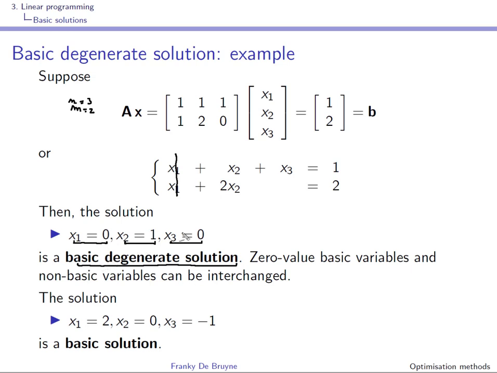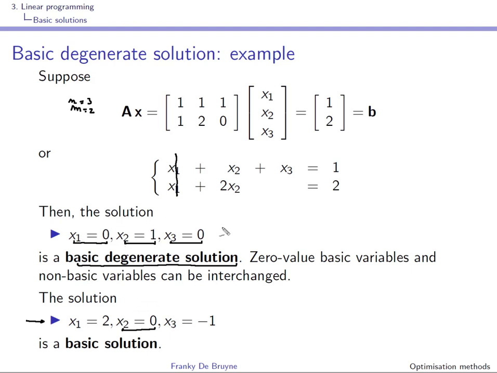And it's difficult to know here which are the variables in the base. Is it x1 and x2 or x2 and x3, right? Of course, there is another basic solution that corresponds to x2 equal to 0, right? And if you compute the corresponding x1 and x3, this is what you will obtain. So this is a basic degenerate solution, and this is a basic solution.